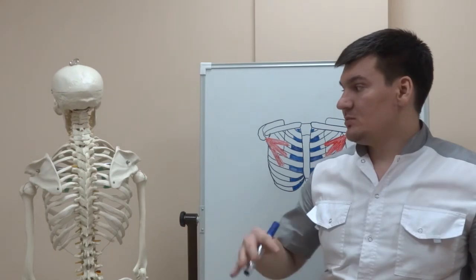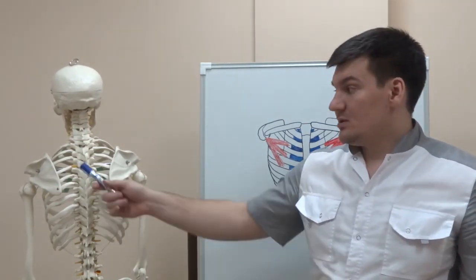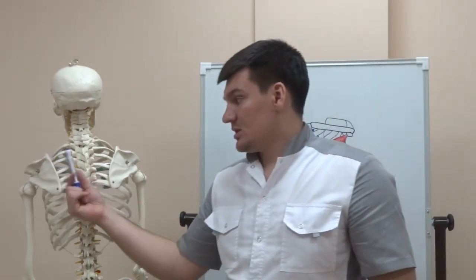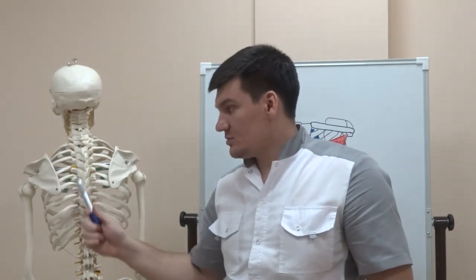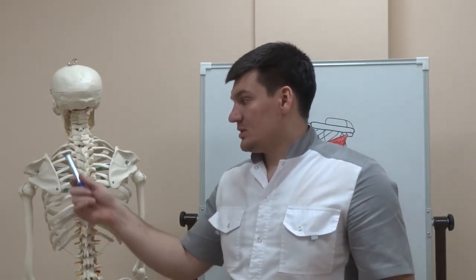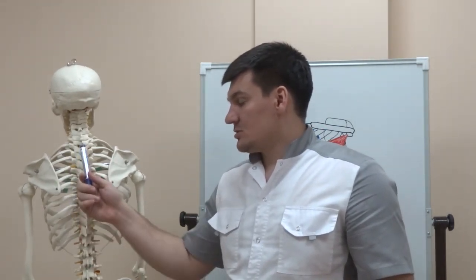This leads to joint blockages in these areas. As a result, these blockages cause further weakening of the antagonists of the pectoralis minor muscle. These antagonists include the rhomboid and trapezius muscles. The rhomboid muscle, for example, attaches to the transverse processes of the vertebrae through bony structures.